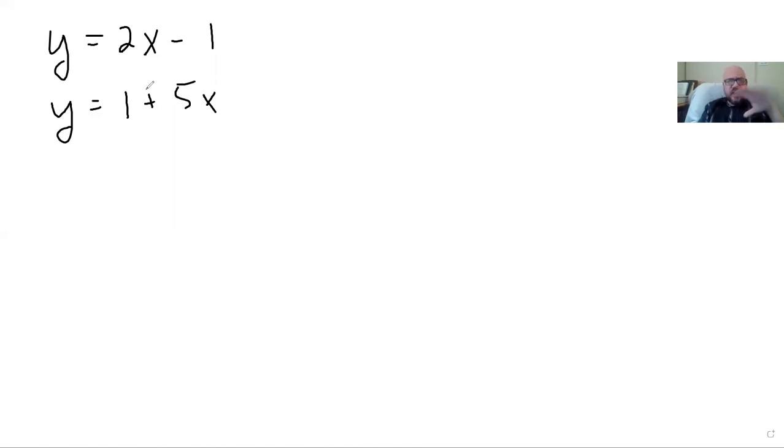In general, this is a basic rule that won't really come up for us very much, but you can find a solution to these if you have the same number of variables as you do equations. Here we have two variables, x and y, and two equations. So we could find a solution to this, potentially.